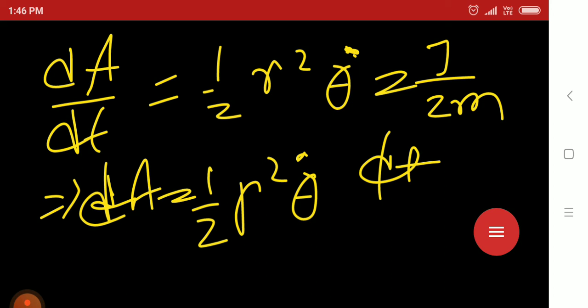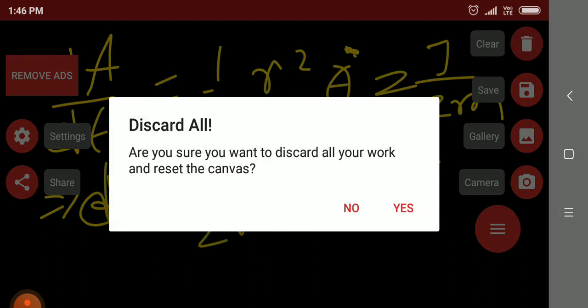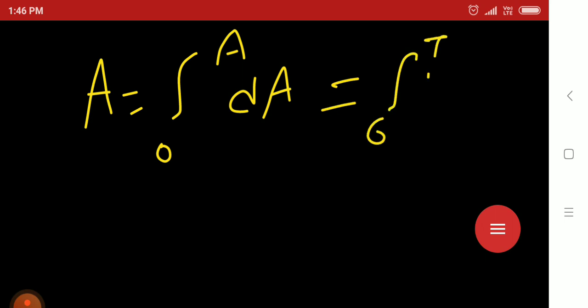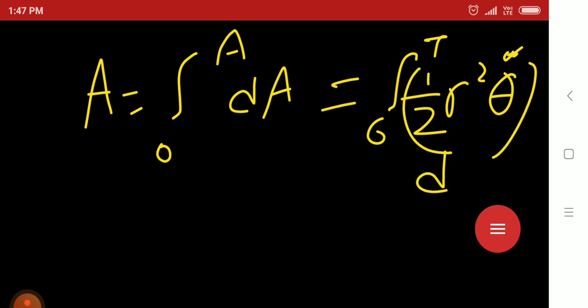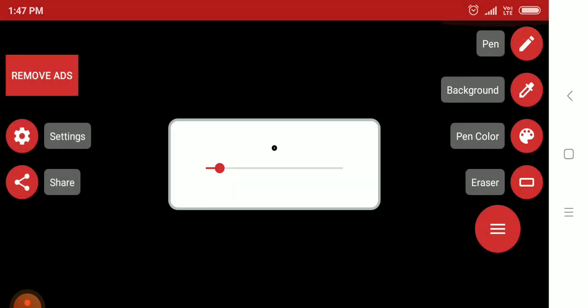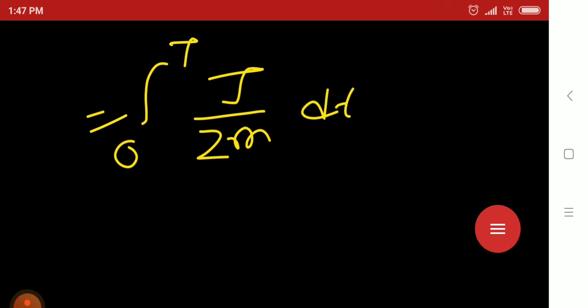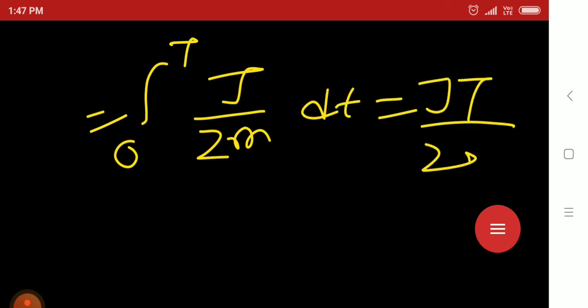So we can write A equals integration 0 to A of dA, and in terms of time, integration 0 to T of half r square theta dot into dt. Now this equals integration 0 to capital T of j by 2m into dt, from Kepler's second law, or jT by 2m, that is the area.